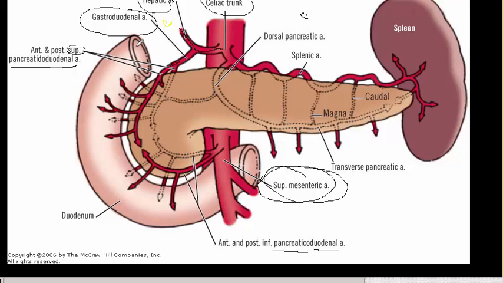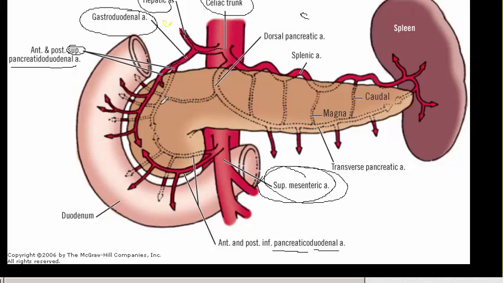So we have superiorly the superior pancreaticoduodenal arteries, anterior and posterior, from the celiac trunk. Inferiorly, we have the inferior branches, the anterior and posterior inferior pancreaticoduodenal arteries. So you can know them by logic.